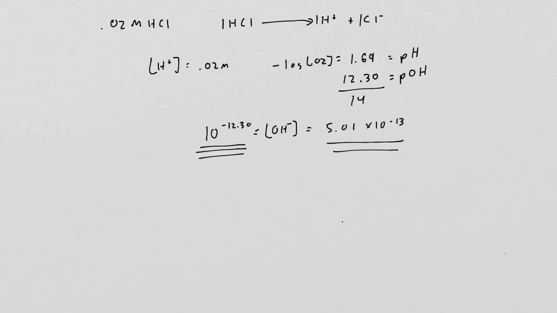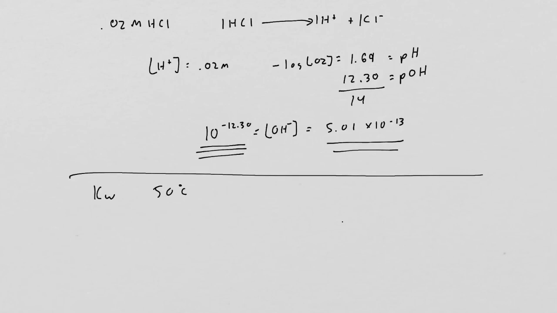So that's the pH scale. One thing you want to recognize is that the Kw does change. So if you go to, let's say, a higher temperature like 50 degrees Celsius, the Kw will be a larger number. And that means that it causes a shift to the right. That means this way is endothermic. So you get a larger value, which means the H+ and the OH- are different. I'm not going to do the math here, but I'd like you to try it.